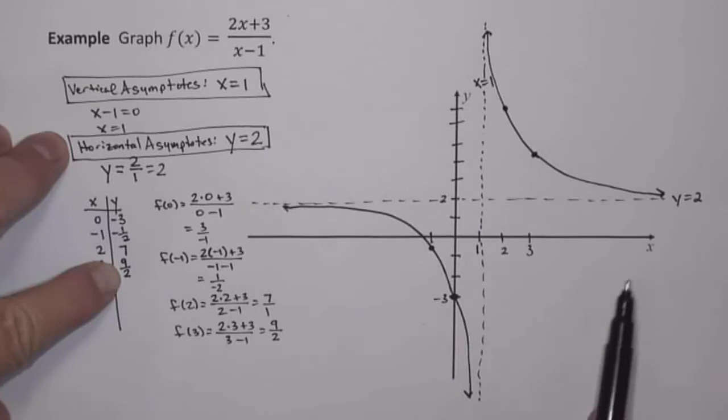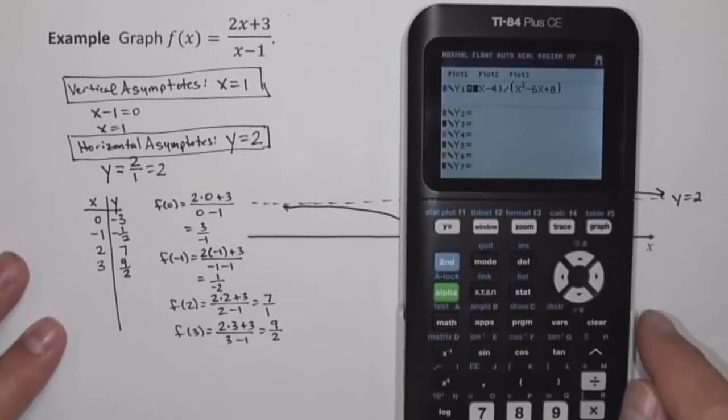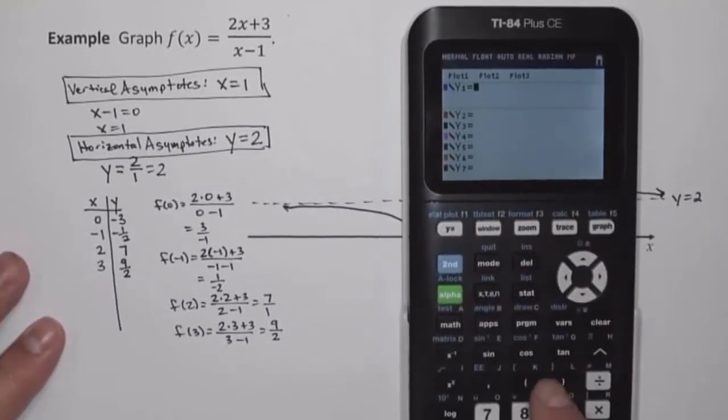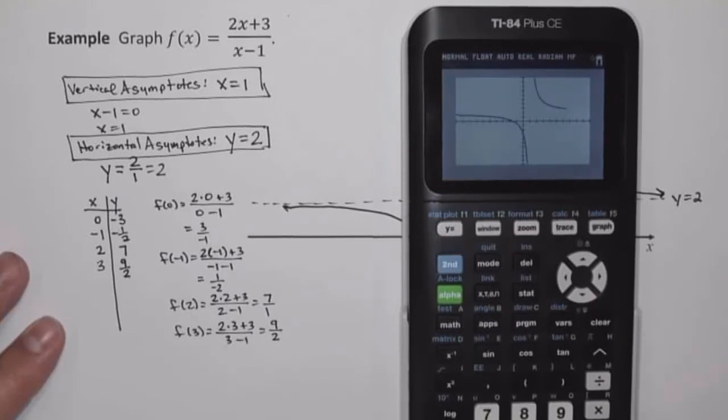So our graph is going to look something like this. Now if I bring back in my calculator, I can put in 2x plus 3 in parentheses divided by parentheses x minus 1 and graph that, and I can see that it does in fact look the same as my hand-drawn graph.